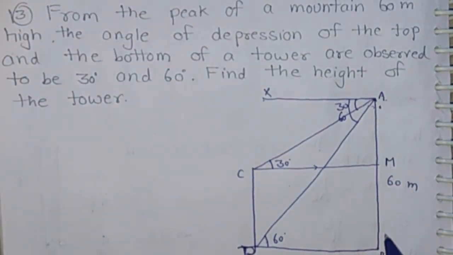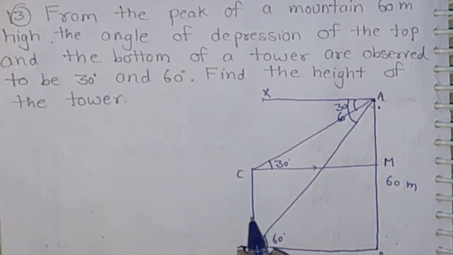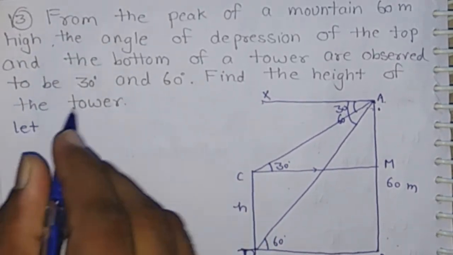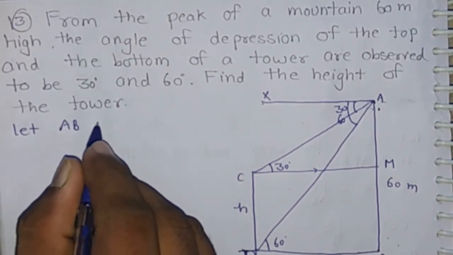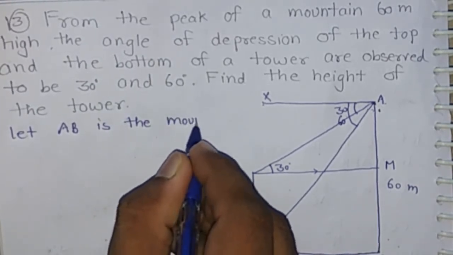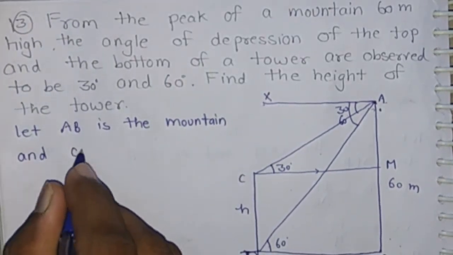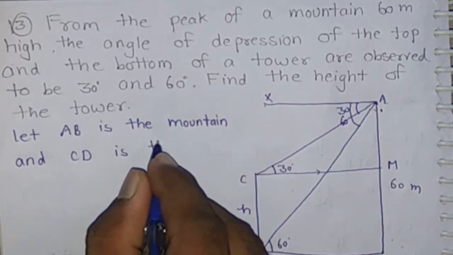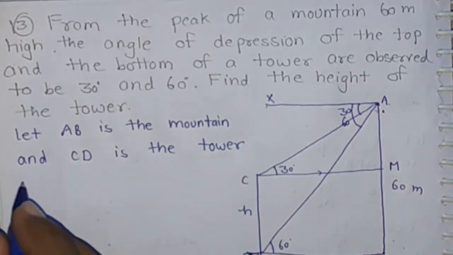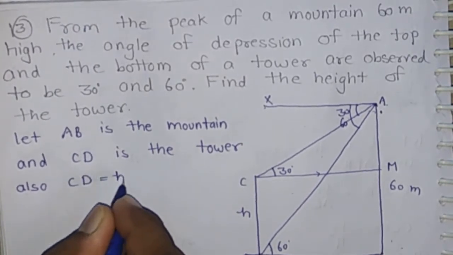Now the height of the hill is given, and we have to find the height of the tower. That is H. CD is the tower, also CD equal small h.